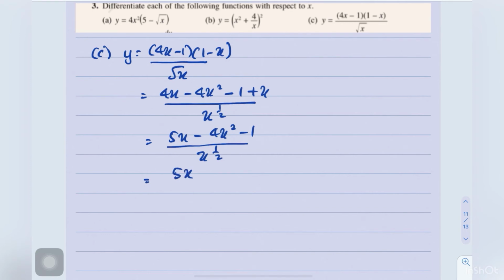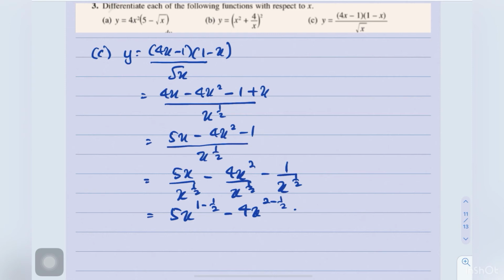Here we have 5x over x^(1/2) minus 4x squared over x^(1/2) minus 1 over x^(1/2). So in laws of indices, if we have the same base, divide, so you can minus the power. So it becomes 5x^(1-1/2) minus 4x^(2-1/2) minus x^(-1/2).